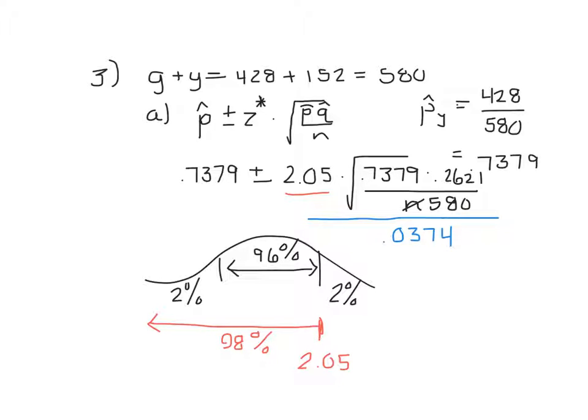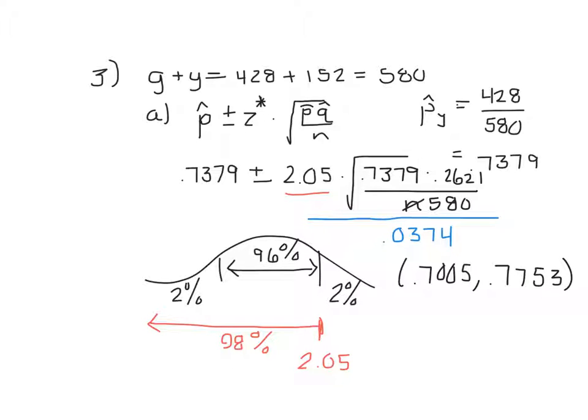So to get the lower boundary of our confidence interval, we have to take our p-hat of 0.7379 and subtract 0.0374. And our lower boundary would therefore be 0.7005. To get the upper end of this confidence interval, we have to add that margin of error to our 0.7379, and that would be 0.7753.